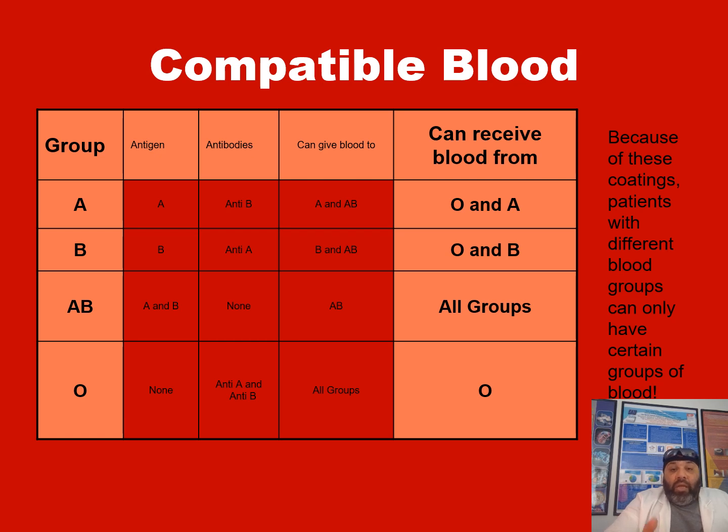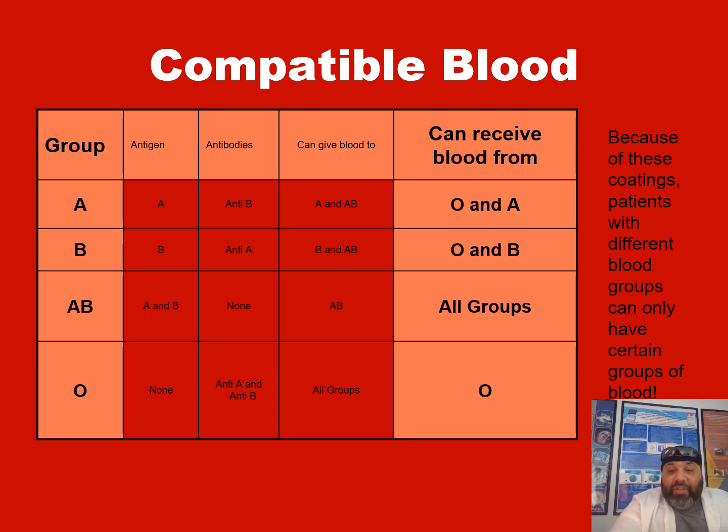But in this slide, I'm also going to talk about how the different blood groups can give blood, and who they can give blood to. So if you're blood group A, you can give blood to those who are group A and AB. So notice how it's different.